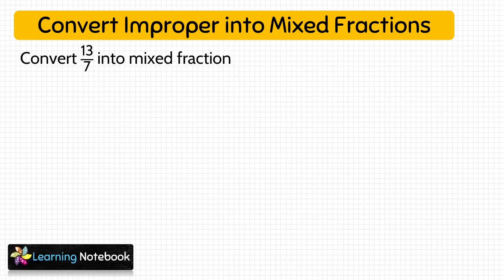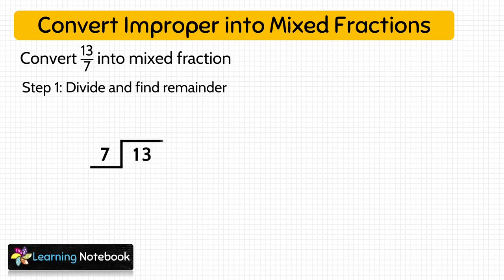For this, we will follow two steps. In step 1, we will divide and find the remainder. So let's divide 13 by 7. 7 into 1 equals 7 and 13 minus 7 equals 6. Our step 1 is complete.